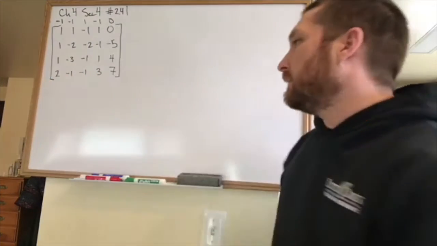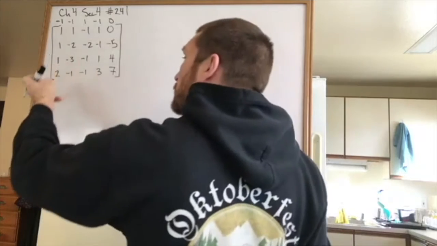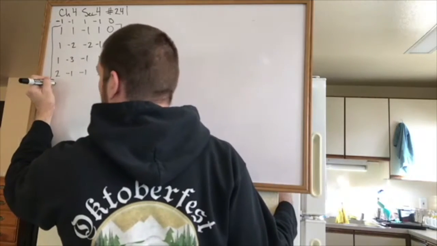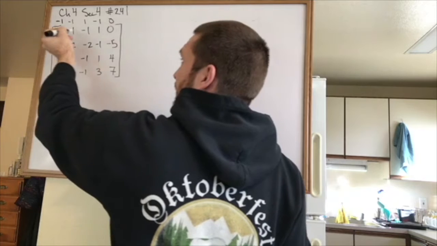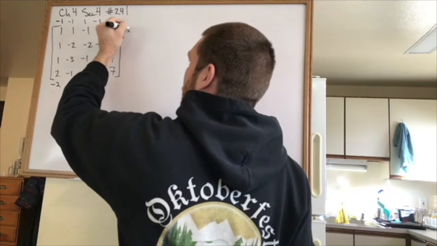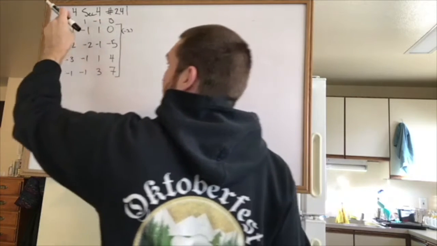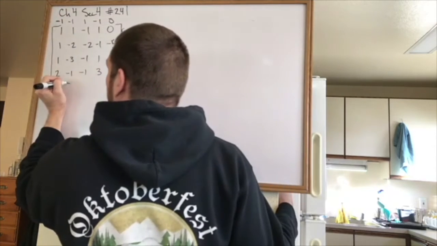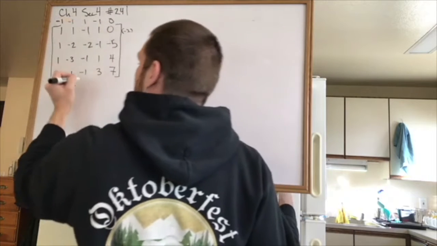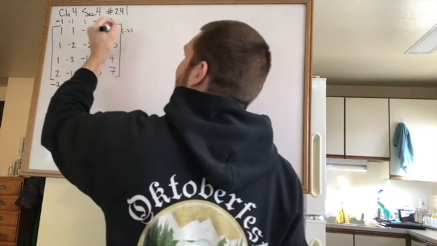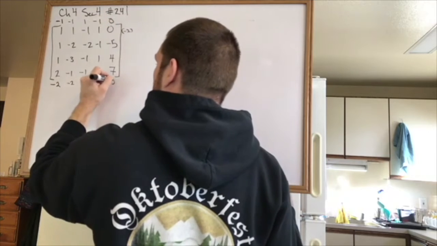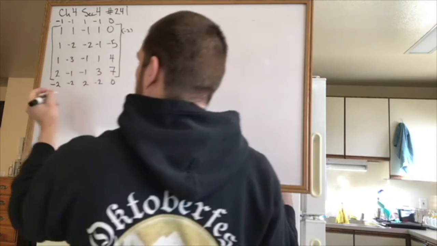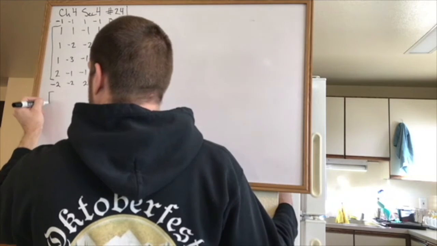And I know that what I add to 2 to make it 0 has to be -2. Since there's a 1 in front of there, I know I have to multiply that entire thing through by -2. When I do that, I get a -2, -2, +2, -2, and a 0.